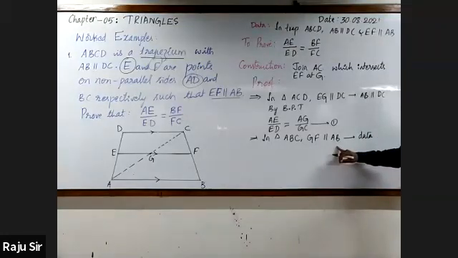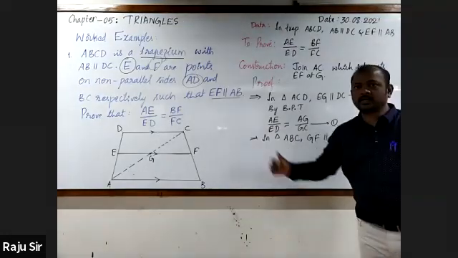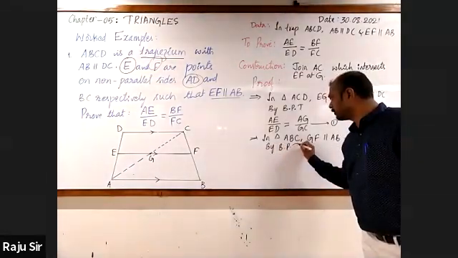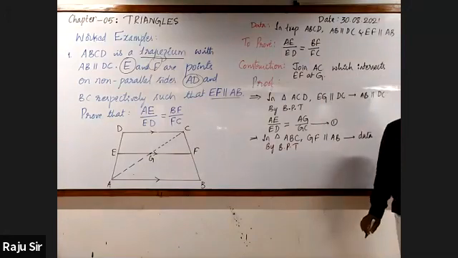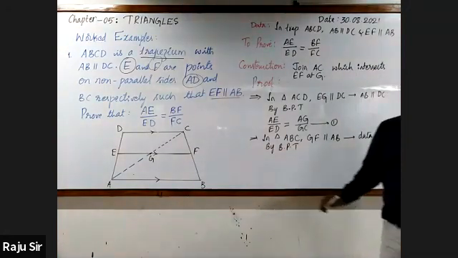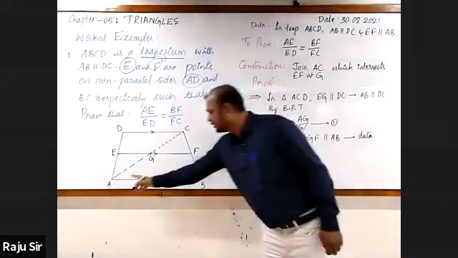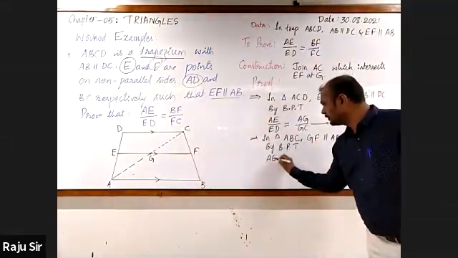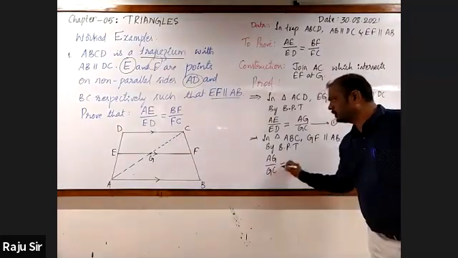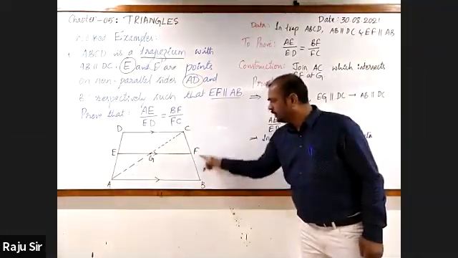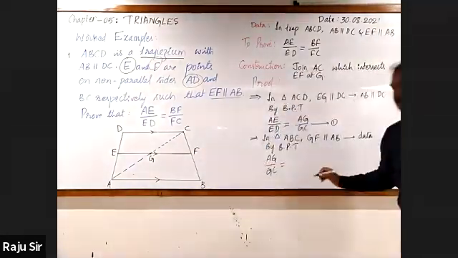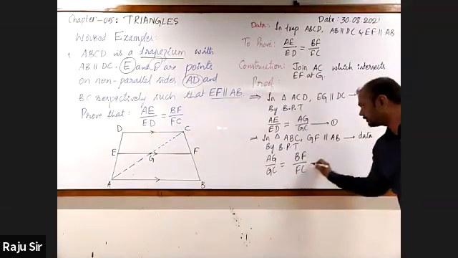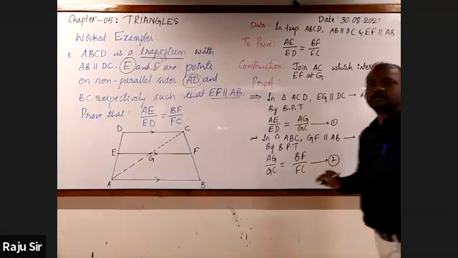As GF is parallel to AB, which theorem? Again, basic proportionality theorem. AG by GC is equal to BF by FC. Call it statement 2.